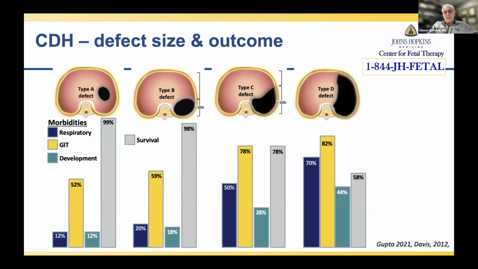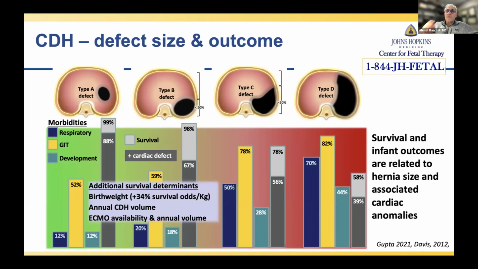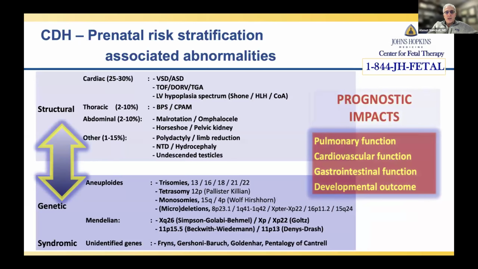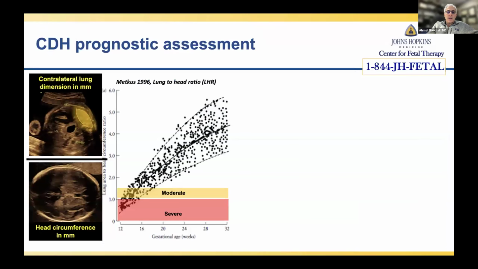So the survival basically drops as the hernia size gets bigger, and as far as additional anomalies, the presence of a cardiac defect has probably the biggest impact on overall survival. So our focus in prenatal planning is then that you want to have a comprehensive diagnostic assessment for associated anomalies, especially cardiac, and you want to have a comprehensive assessment of the genetic abnormalities.